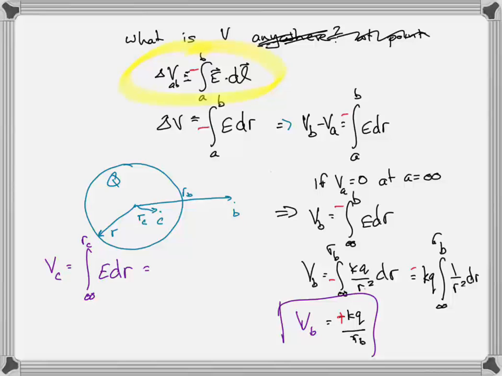So we have to say, this is actually from infinity to RB, because the field changes, of E for big R greater than little r, dr, plus the potential from RB to RC of E for big R less than little r, dr. So that's the potential at C. We have to integrate from infinity to RC.